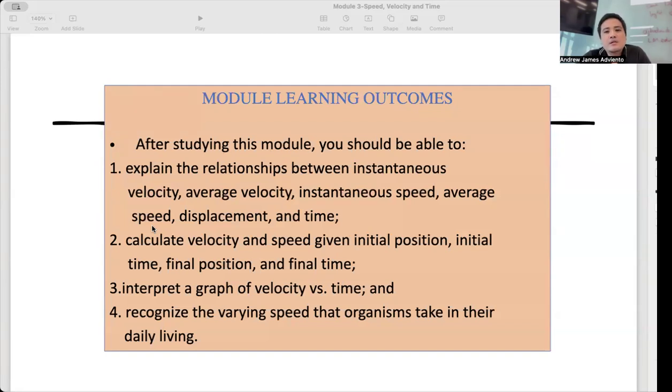You will also learn how to calculate speed and velocity using given data, interpret velocity on time graphs, and recognize that organisms, including you and I, move at varying speeds in daily life. These outcomes will guide what we discuss and practice throughout this lesson.